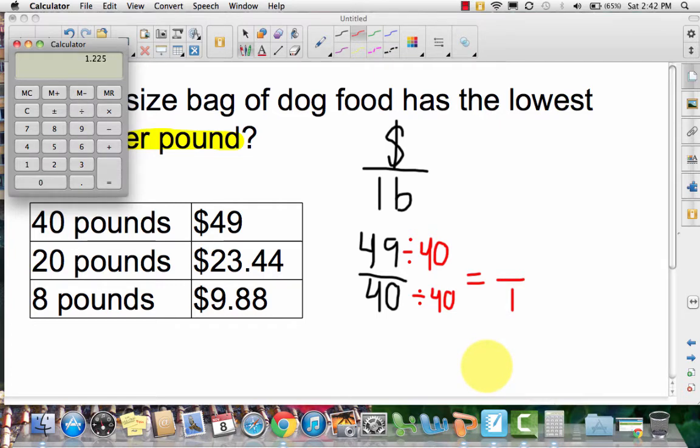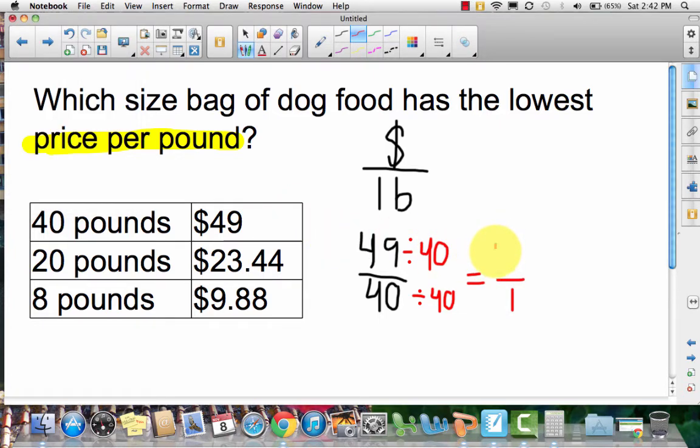And I know that I'm dealing with money here, and so with money I always round to the hundredths place. So this second 2 here is sitting in the hundredths place. I see its neighbor is a 5, so that means that I'm going to round this up to $1.23 per pound of dog food.